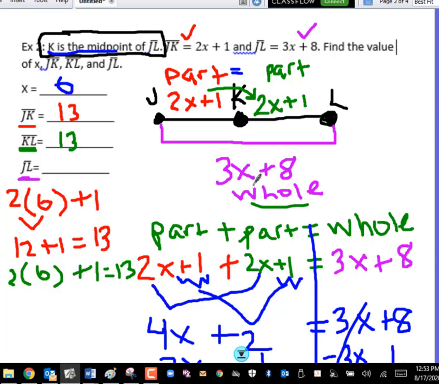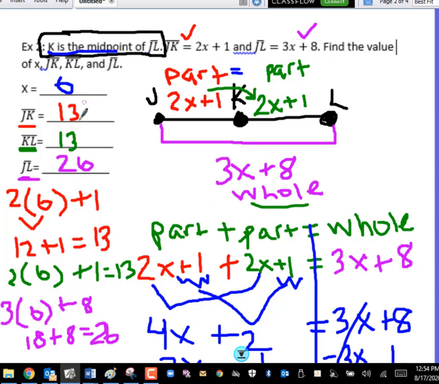And the last one is JL, which is over here we said was the whole, and I actually have something to plug in this time, so we're going to go ahead and plug it in. 3 times 6 plus 8. So 3 times 6 is 18 plus 8 is 26.